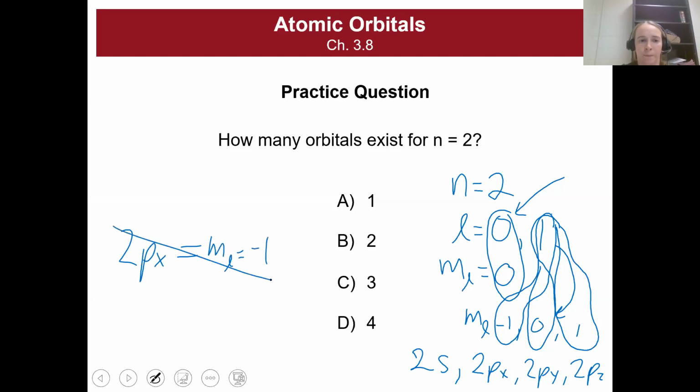We have no idea, sadly, what the relationship is between the orbital and the m sub L value, just that there are 3 different versions. So these are our 4 orbital options. So our answer is there are 4 orbitals for n equals 2.